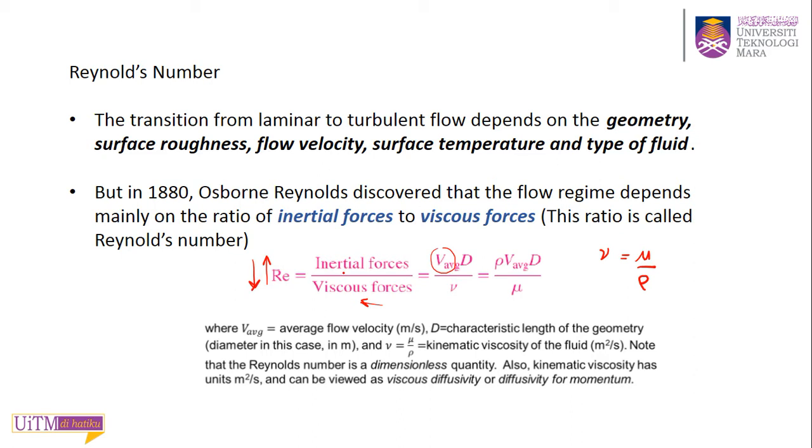The velocity is moving very slow, so the viscous force can oppose that inertial force, and that's why you get a very low Reynolds number. So this is the equation that you will use to calculate the Reynolds number, and from that Reynolds number you can tell whether the flow is laminar or turbulent.